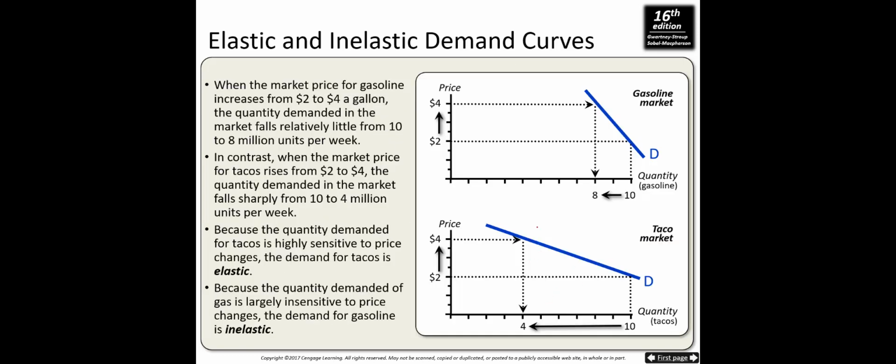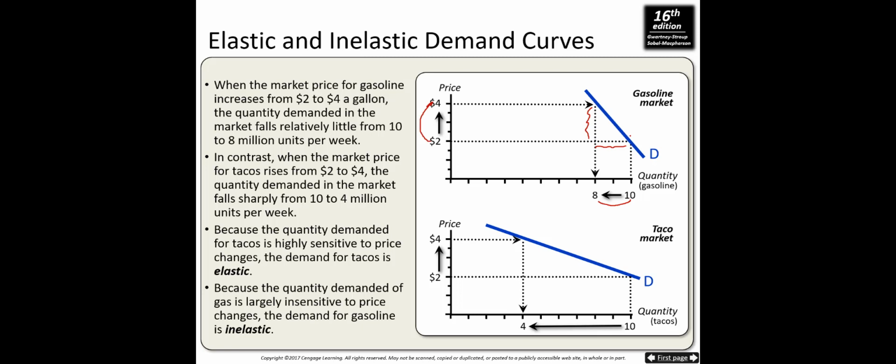So let's see one example. When the market price for gasoline increases from 2 to 4, double the price, the quantity demanded decreases from 10 million to 8 million, for instance. You see the change in price and the change in quantity demanded. It's not too much, right? Because the price doubles, but the quantity demanded decreases only a little.